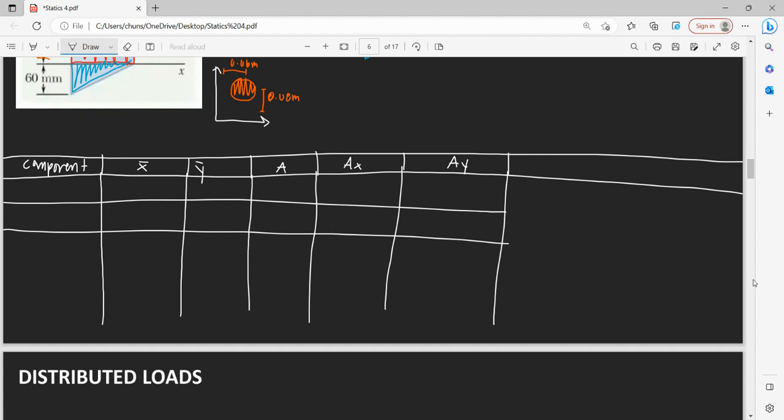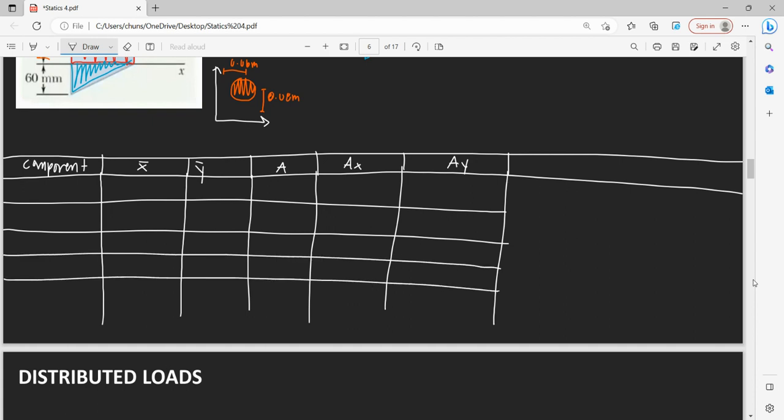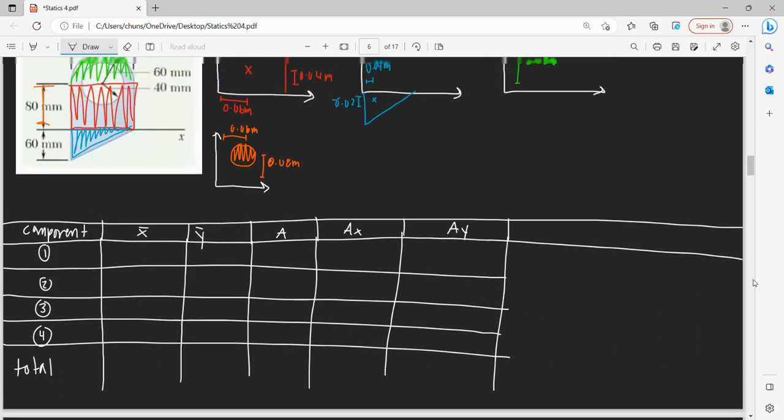So this extra space is just going to be for extra work. Okay, so this is total. And this is for 1, 2, 3, 4. So I'm going to keep these color coded.